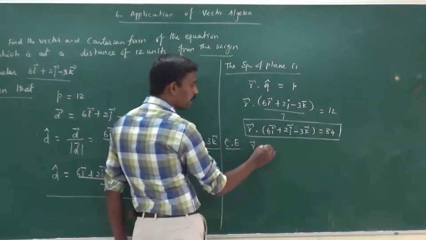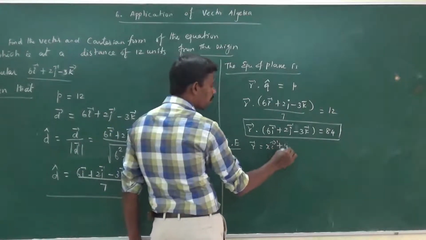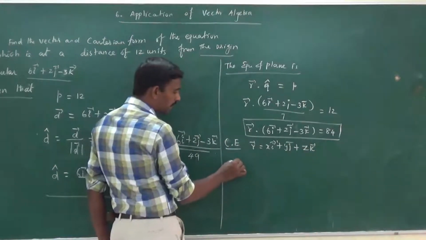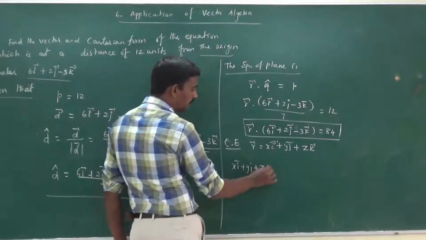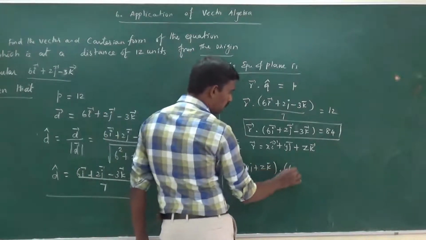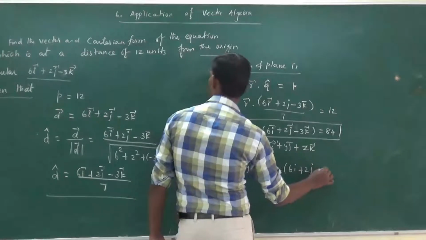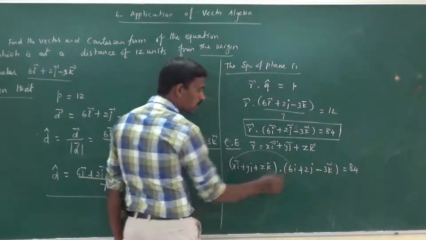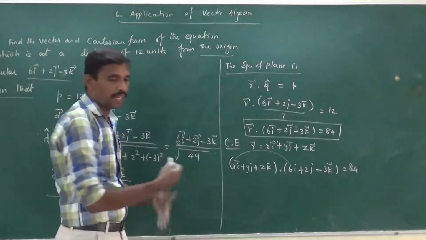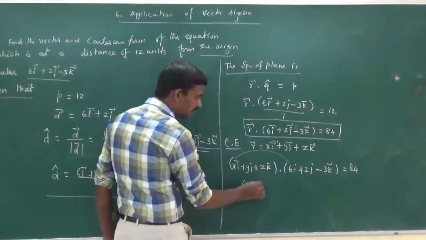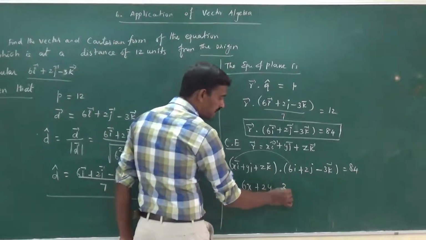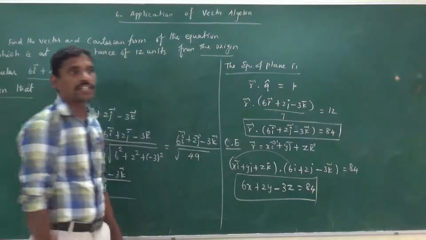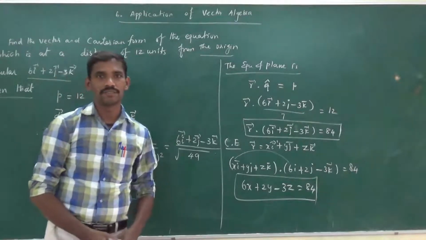Here r vector is xi vector plus yj vector plus zk vector. Therefore, substitute: (xi plus yj plus zk) dot (6i plus 2j minus 3k) equals 84. Now the product is i to i, j to j and k to k. So 6x plus 2y minus 3z is equal to 84. This is the required Cartesian equation of the plane.